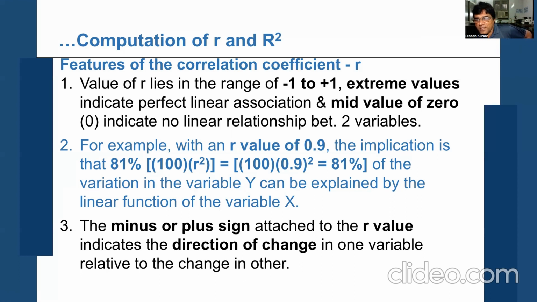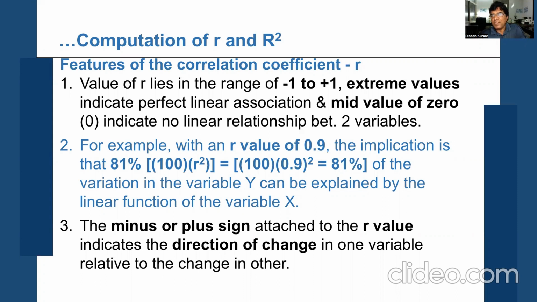So the meaning here is that 81% of the variation or variability in the variable y can be explained by the linear function of the variable x. Suppose your correlation coefficient is 1, then if you square it, you will get 1. So the coefficient of determination is 1, and multiplying by 100 you get 100%. 100% variability, 100% response of y is because of x.